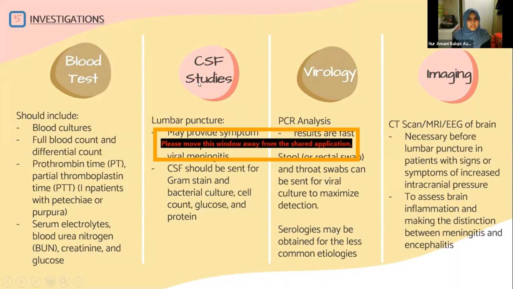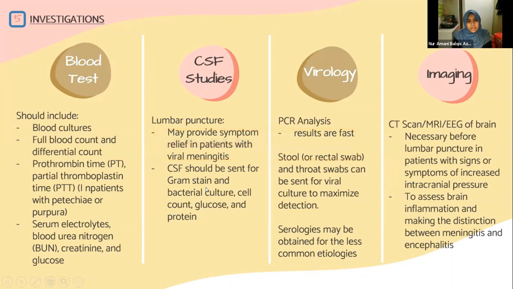Apart from that, CSF studies should also be done by lumbar puncture. In viral encephalitis, after doing lumbar puncture, it may provide symptom relief. And what should we look for in CSF? We should send it for Gram stain and bacterial culture, cell count, glucose, and protein.